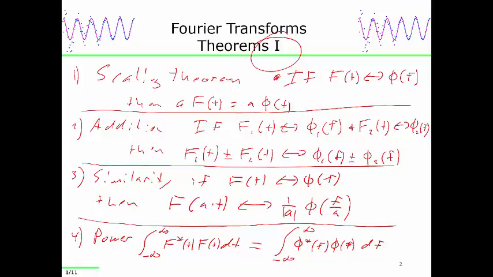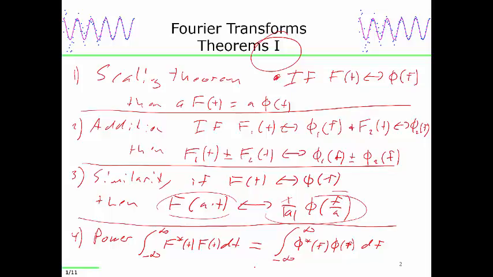Okay, I'm going to go through. Is there a reason that we're doing an equal sign instead of interchangeability? Yeah, you caught this. So you'll notice that in all of these other theorems, I have the double-sided arrow. The double-sided arrow means Fourier transform relationship. If I Fourier transform this, I get this. If I Fourier transform this, I get this.